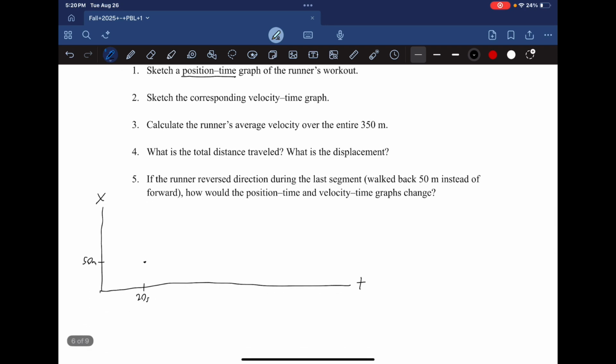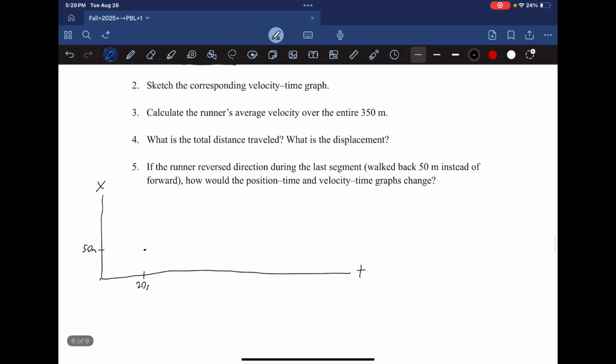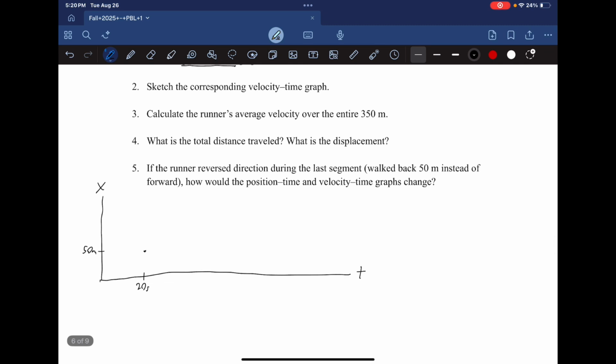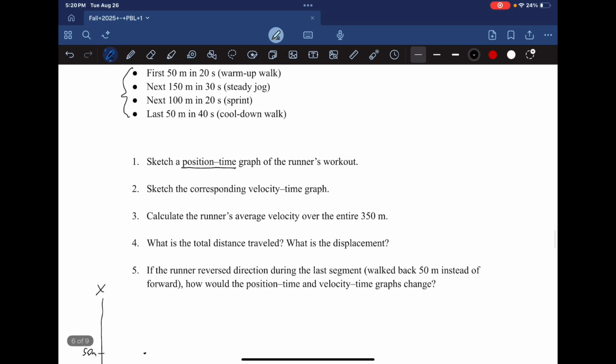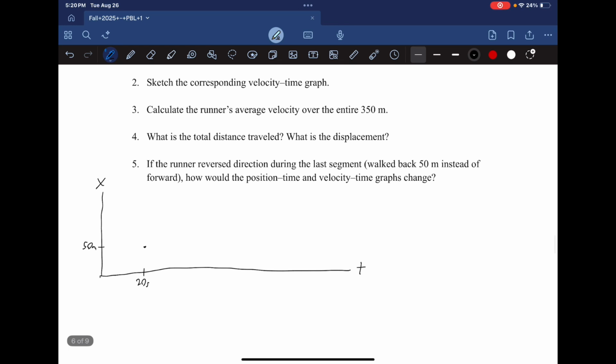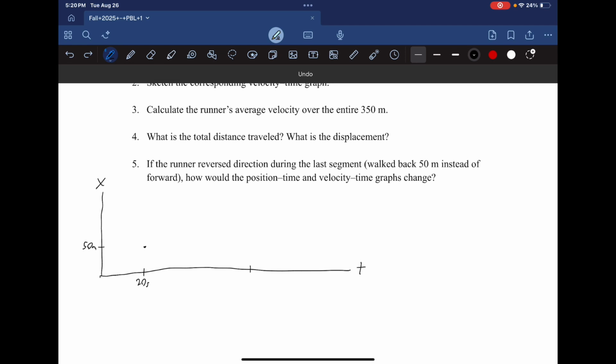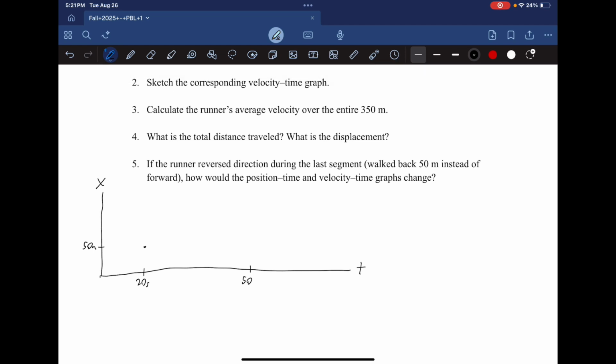So we want this to be over the course of 30 seconds. So that would be 50 seconds over here, and then 200 meters.